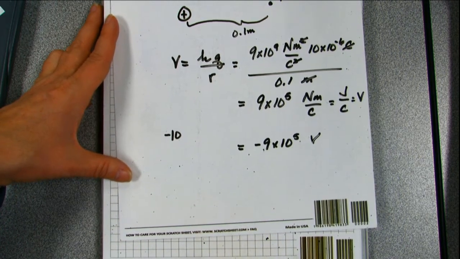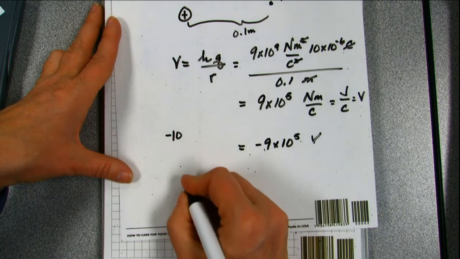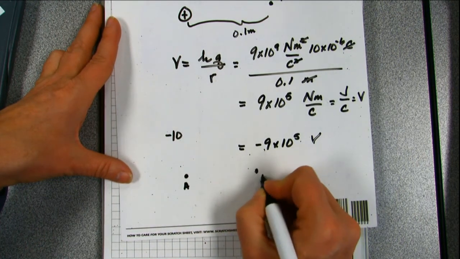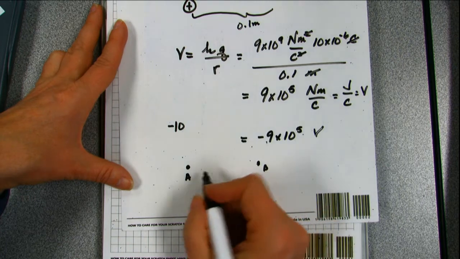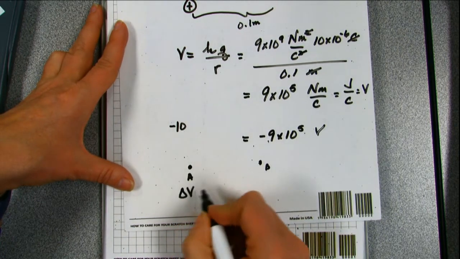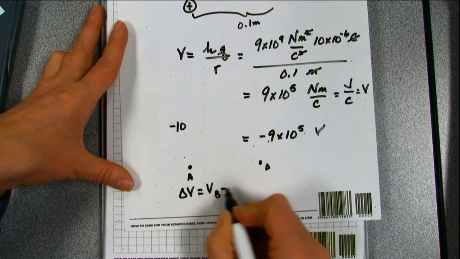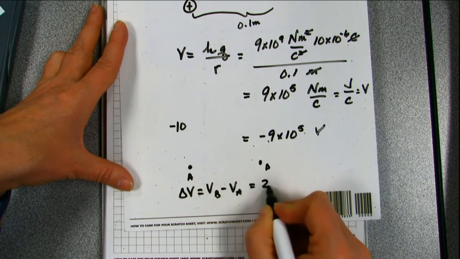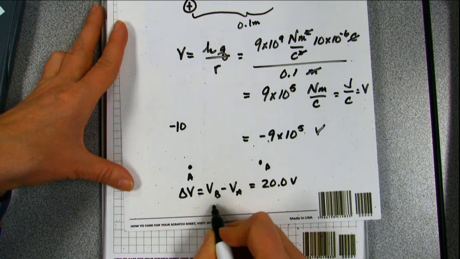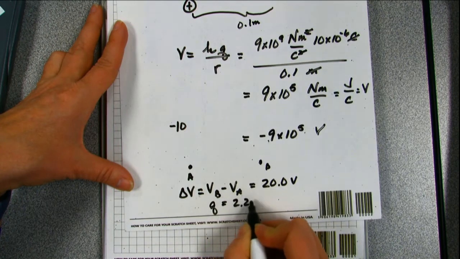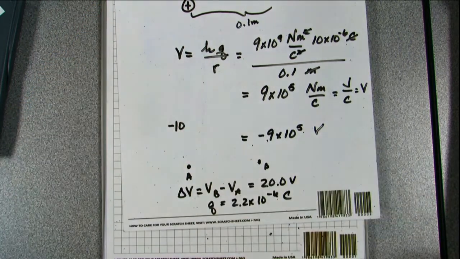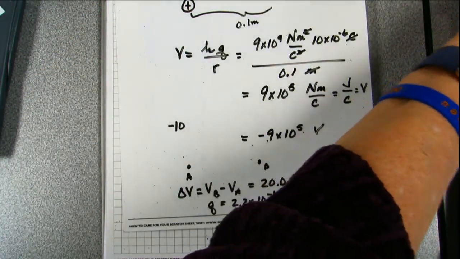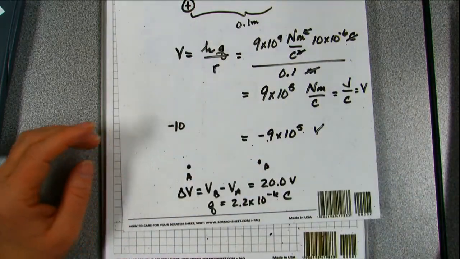So now if we look at the change in potential from a point A to a point B, okay, change in potential from point A to point B, that change in potential is V_B minus V_A, and we're going to say that equals 20 volts. And we've got a charge of 2.2 times 10 to the minus 6 coulombs. We can calculate the change in potential energy.